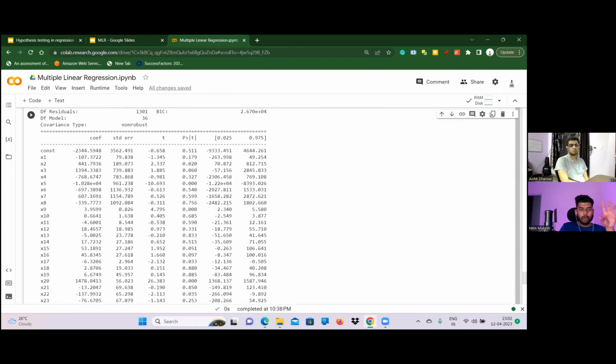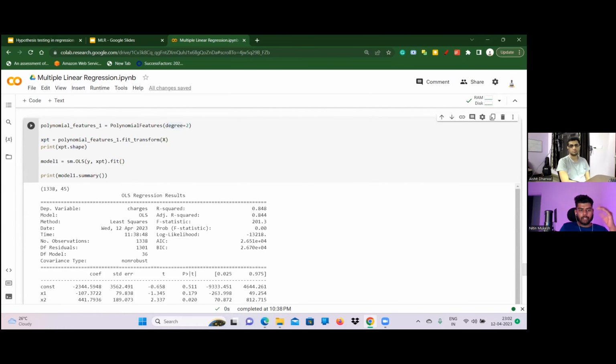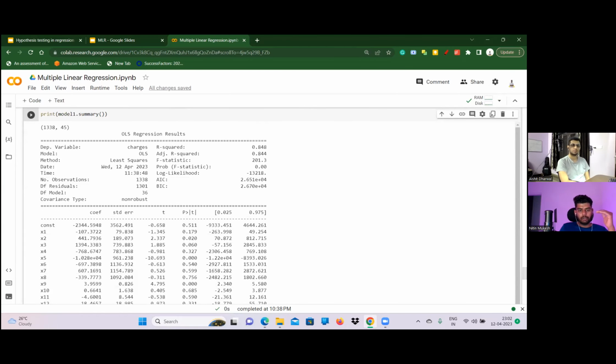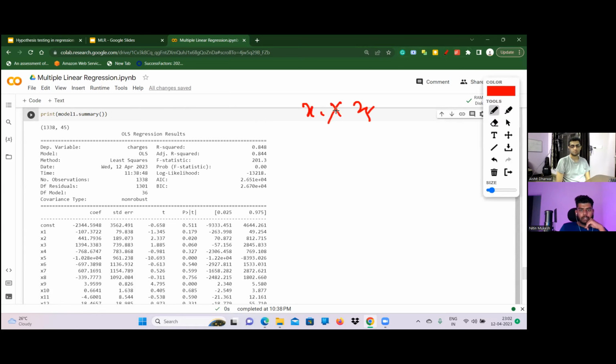But in general, this polynomial quadratic model, like we have seen up to quadratic, will generally increase your R square and adjusted R square by a few points. There will also always be interaction terms, so maybe an interaction term between x1 and x5. If both are real values, like age and BMI, this is not going to be 0.